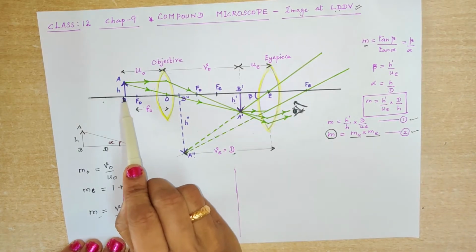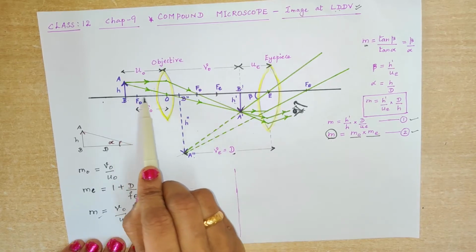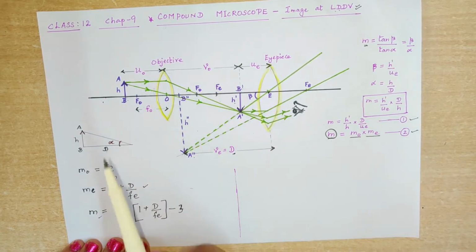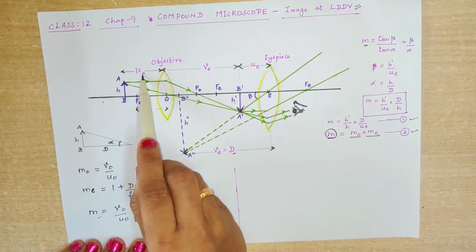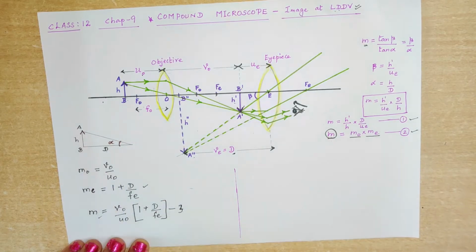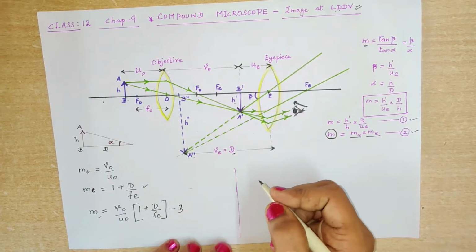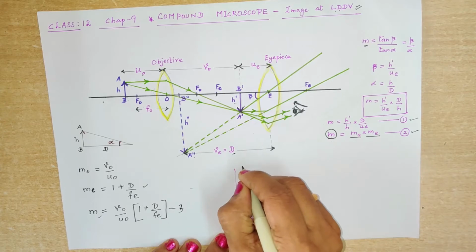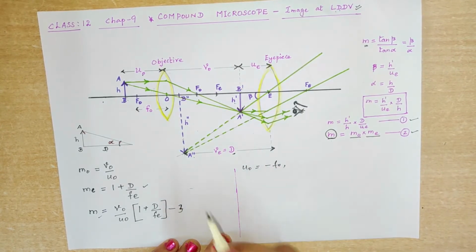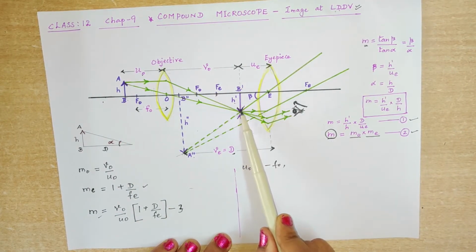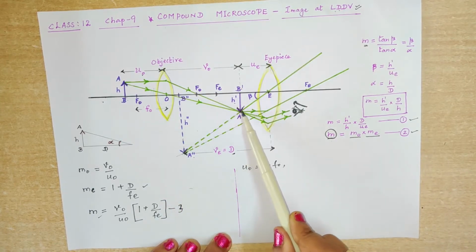But when the object is shifted slightly towards the lens, because we have to get the image at the LDDV position, the distance of the object UO will now become minus FO. When the object is shifted, the image A dash B dash formed by this object AB will also be shifted very close to this eye lens, that is the eyepiece.